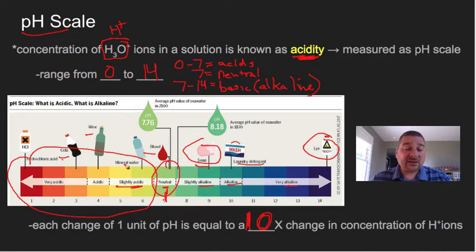If we go from mineral water at 6 to wine at 4, that's 2 steps, 10 times 10, or 100 times more acidic. So you understand that this is a logarithmic scale and each step is 10 times more than the next, so you have to multiply.